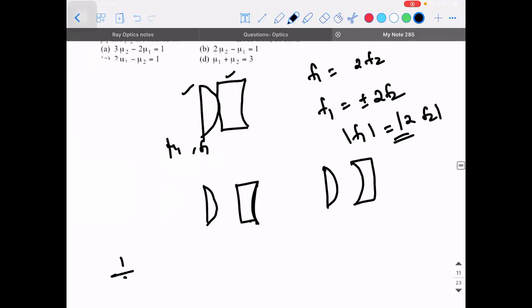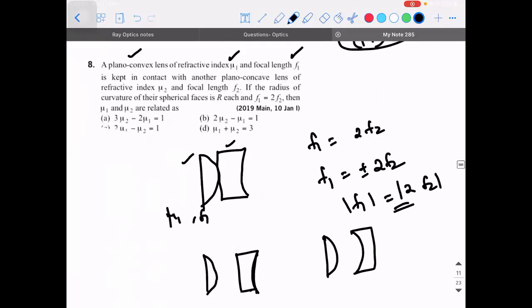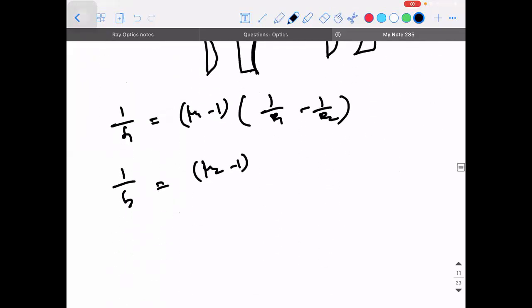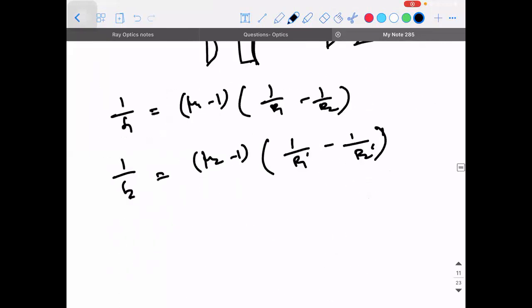So 1 by f1 is equal to mu1 minus 1 into 1 by r1 minus 1 by r2. 1 by f2 is how much? Mu2 minus 1, the refractive index of mu1 and mu2, right? Mu2 minus 1 into 1 by r1 dash minus 1 by r2 dash, because they both have the same radius.